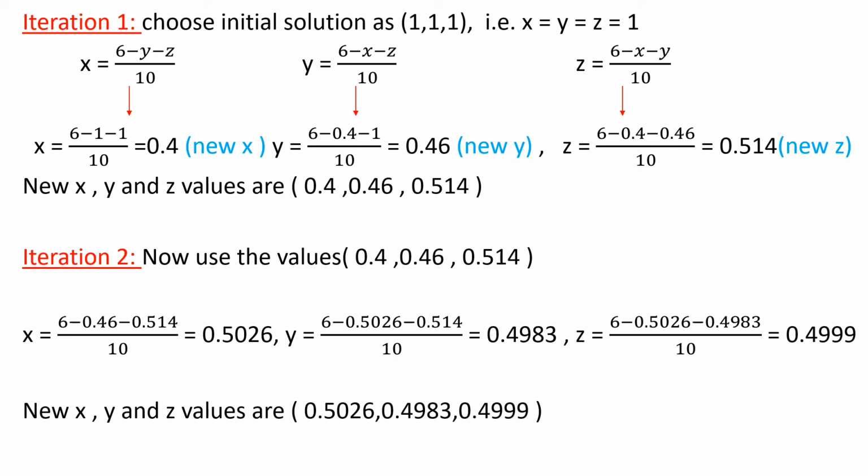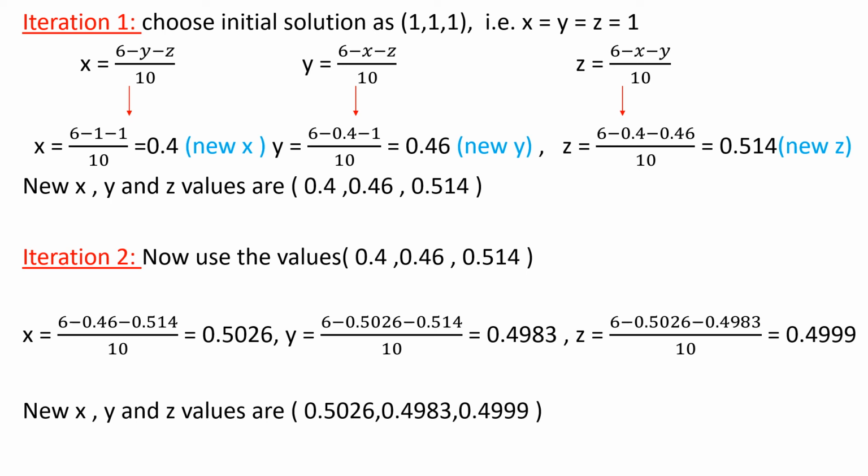And that is our new value of y. Now use the new value of x and new value of y in z. So z is equal to (6 minus 0.4 minus 0.46) by 10, and that is 0.514. That is our new z. Now we have got new values of x, y, and z as 0.4, 0.46, and 0.514. These are the ordered pair for the next iteration.